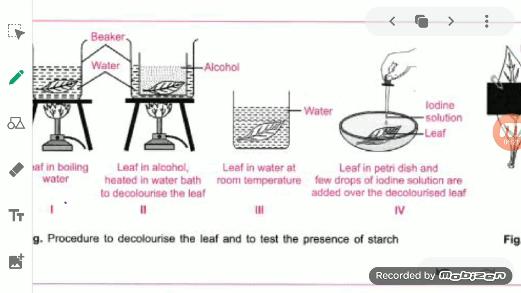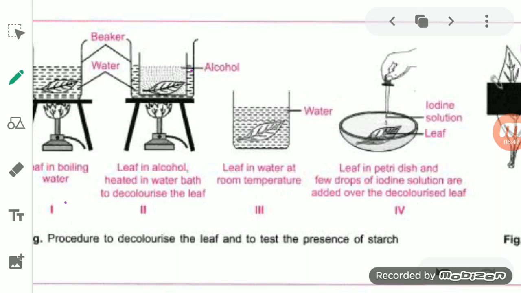Okay, after boiling it, we will take out this leaf and keep it in a small beaker which contains alcohol. Now we will dip that leaf into alcohol, and we will keep this small beaker in a large beaker which contains water.